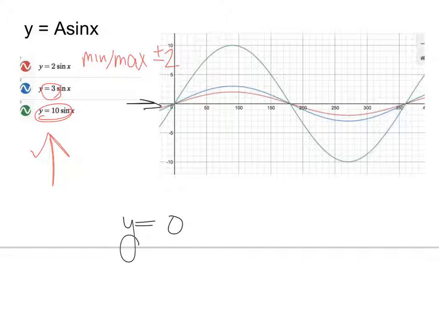So the amplitude is the distance from the midline to the maximum, or the midline to the minimum. Okay, so for the green one, the amplitude is A. And at the end of this lesson, we have an equation that we can use to calculate the amplitude.